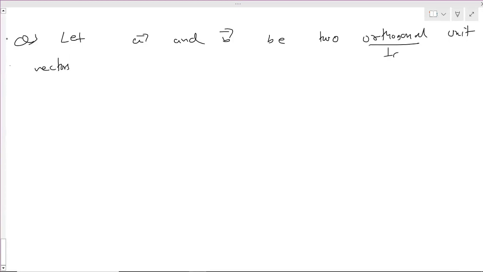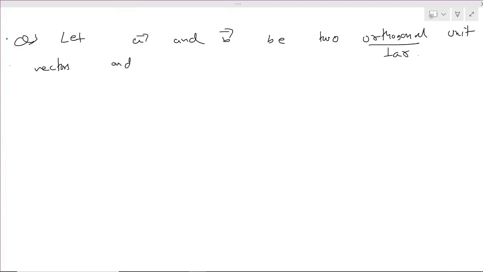Let's try another question. Let A and B be two orthogonal unit vectors. Orthogonal means perpendicular.